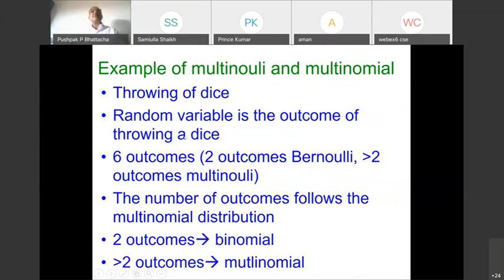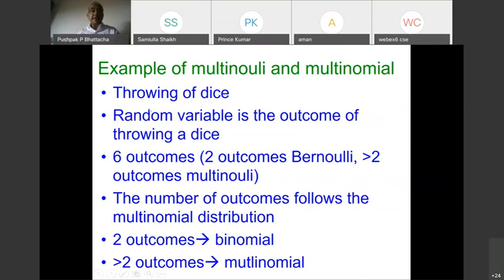When the number of outcomes becomes more than 2, the trial is called a multinomial trial, resonating with the Bernoulli trial, which gives 2 outcomes. The number of times a particular outcome occurs follows a multinomial distribution. If there are 2 outcomes, then it follows a binomial distribution. So Bernoulli to multinomial, binomial to multinomial.